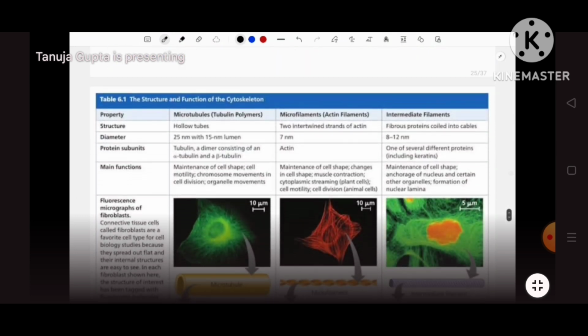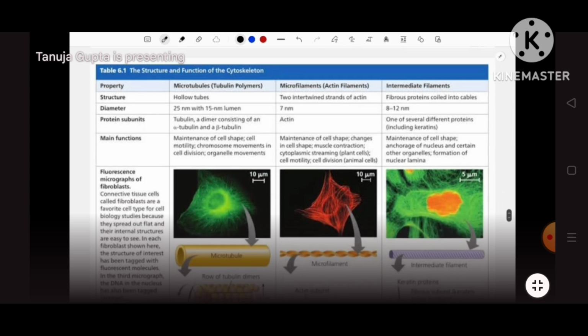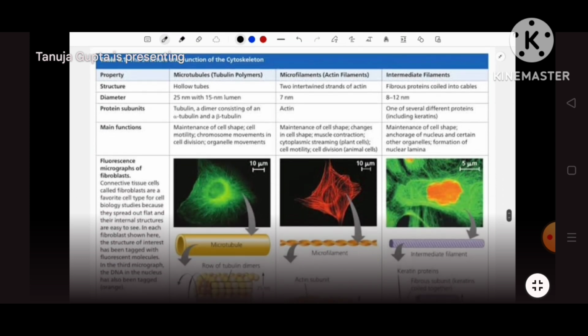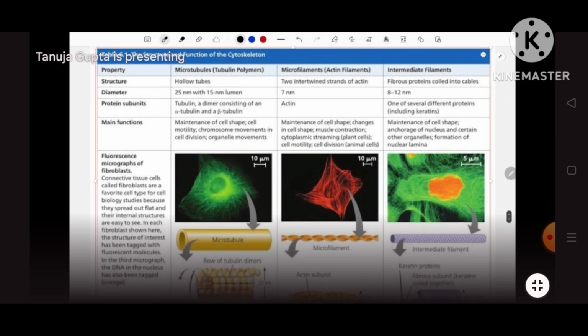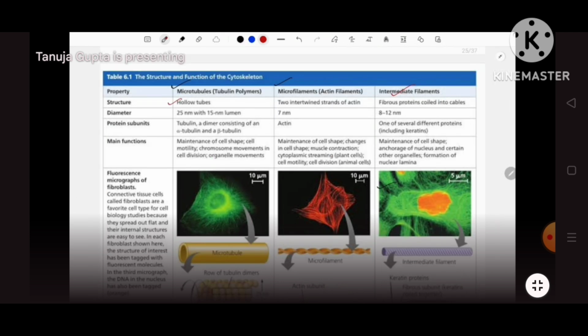Here is the comparison of all these cytoskeletal components. First is microtubule, second microfilament, and third intermediate filament. Structure: microtubule is a hollow tube. Microfilament is two intertwined strands of actin.